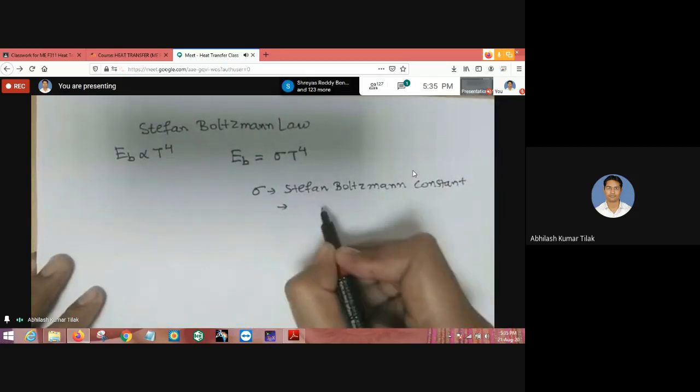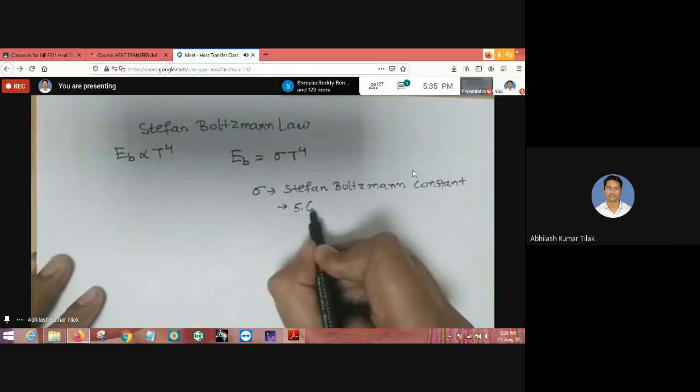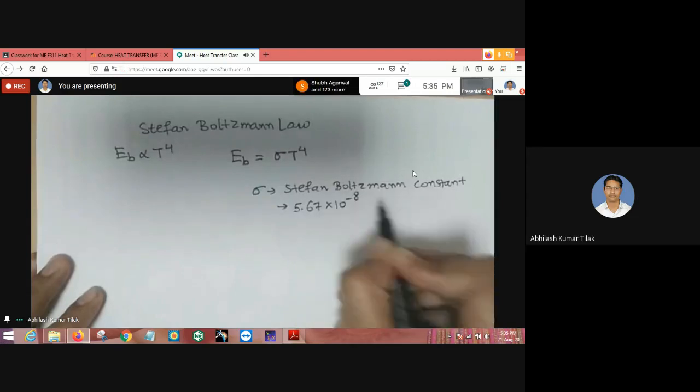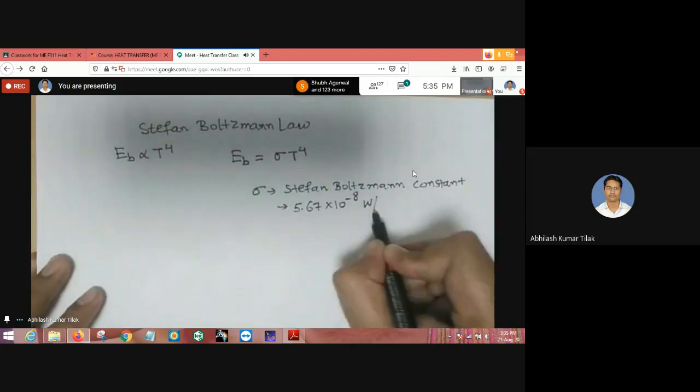Its value is 5.67 times 10 to the power minus 8 watt per meter square Kelvin to the power 4.